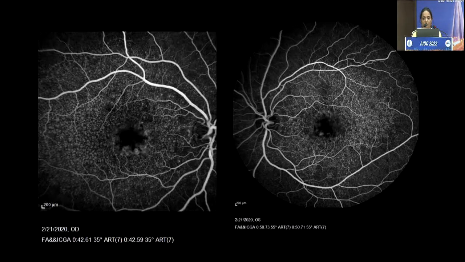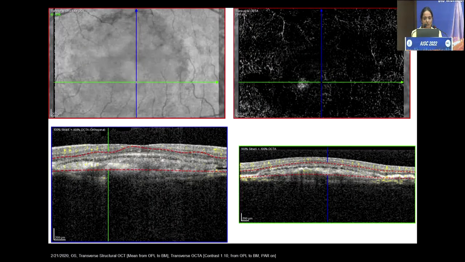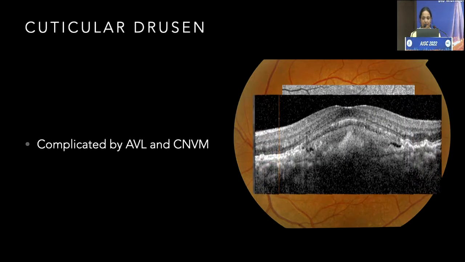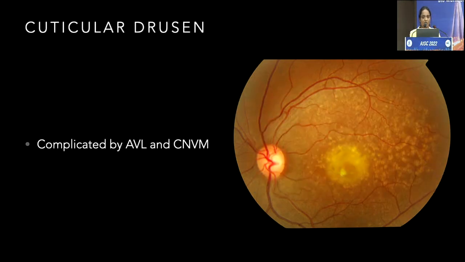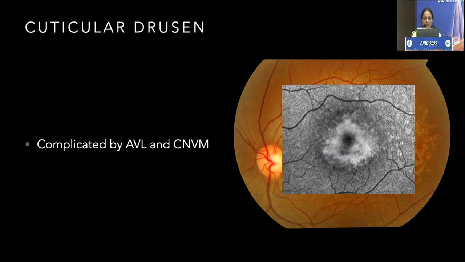But I found 3 small membranes which are not masked by FFA or ICGA because of the vitelliform lesions. My OCTA can pierce through all that nonsense and find me a membrane. So this I diagnosed as a case of cuticular drusen complicated by acquired vitelliform lesions and CNVMs.